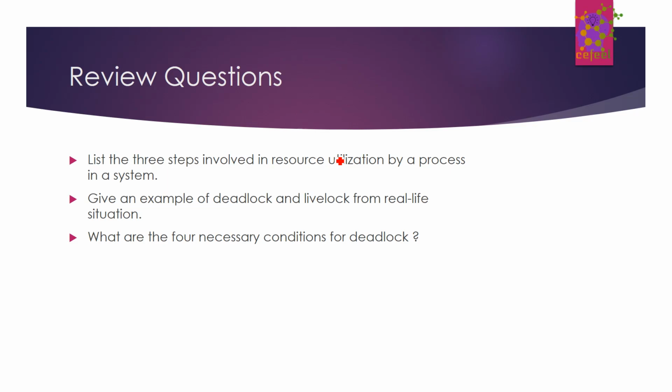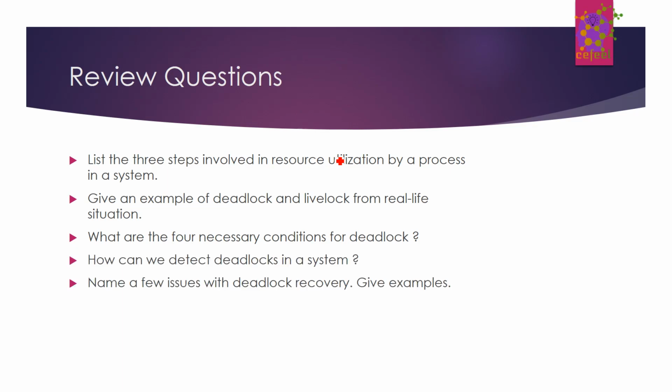The most important question, the next one, 4 important conditions for a deadlock. How can we detect deadlocks in a system? And then list a few issues that can happen with deadlock recovery, why it can be expensive, give some examples if possible.